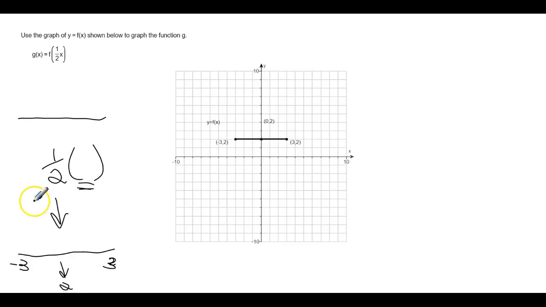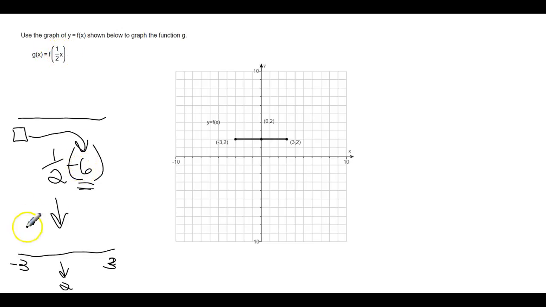So what number would need to go into this box right here so that when I go into the f function I have the same thing as -3? Well, I'm going to take half the number, so it would have to be -6. So -6 goes in, and it's the same thing as -3 going into the old function, because it's half of the old inputs.